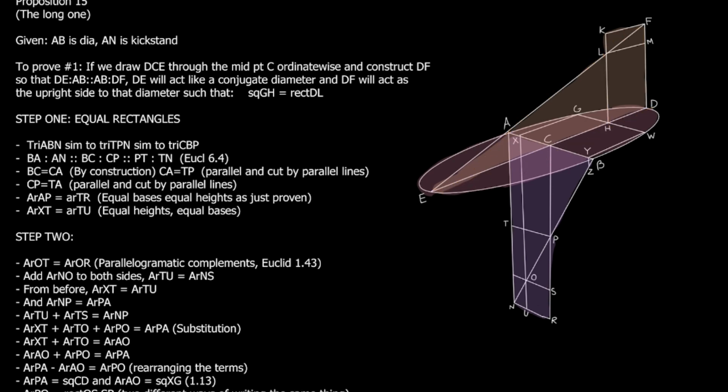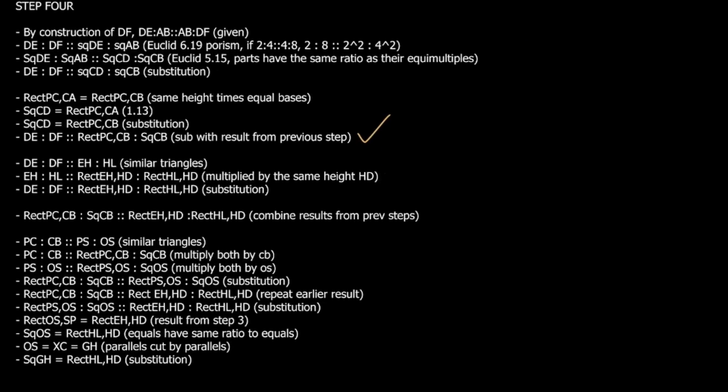So their sides can be put in that ratio. And as EH is to HL, rectangle EHHD is to rectangle HLHD. Without even looking at what any of those lines are, I can just tell you that because it's EH multiplied by HD and HL multiplied by HD.